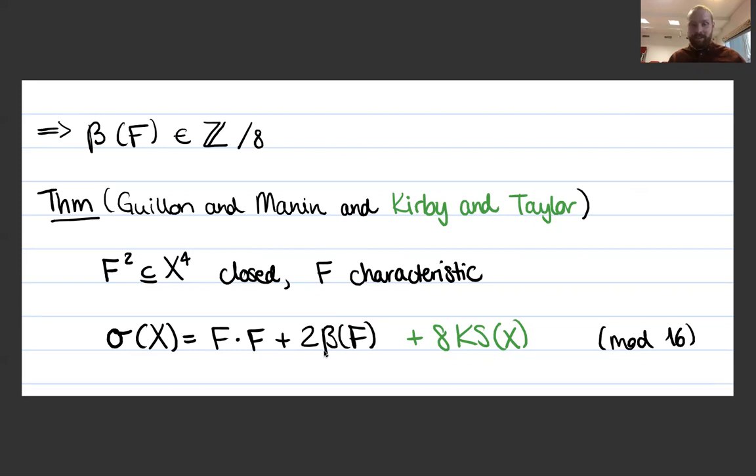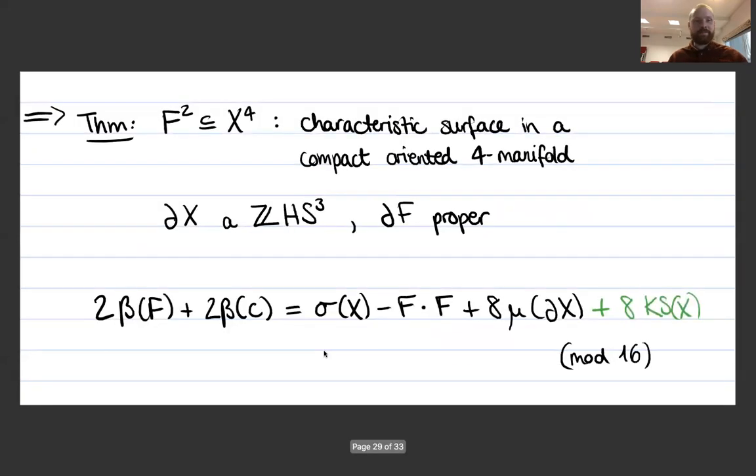And we can apply this and a similar proof strategy to obtain this generalization. So this is a theorem of mine for the characteristic surface no longer necessarily oriented, and its boundary no longer needs to be a link.